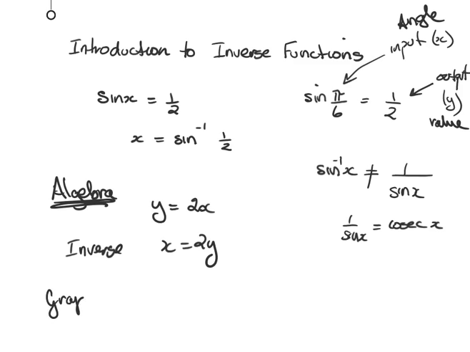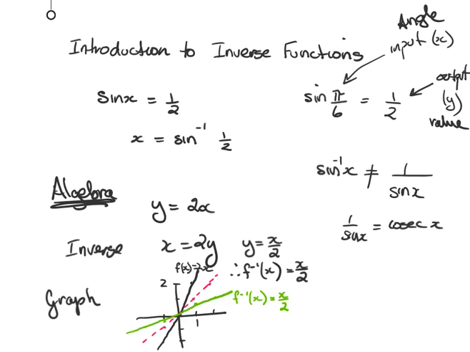Graphing it, if you think about this example that I've just presented, you can see now I've actually graphed in green the inverse function, x on 2, a straight line through the middle. At x is 1 it'd be a half, at x is 2 it's 1.